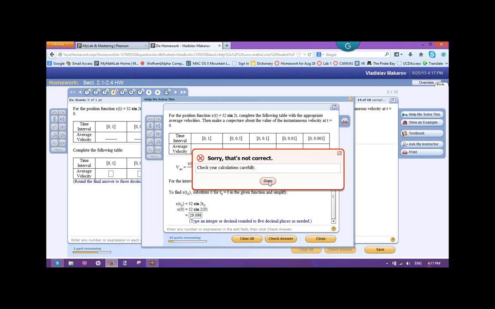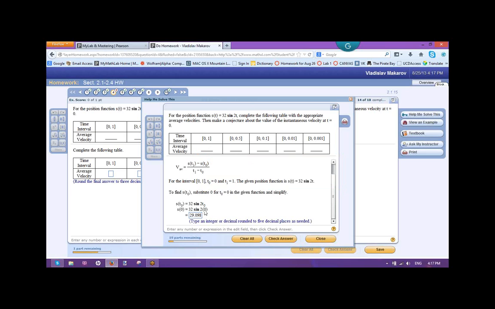Go ahead and hit done. Hold on. I want to see what I had for it. 32 sine of 2. I had 29.098. Let's try putting that to 5 decimals.